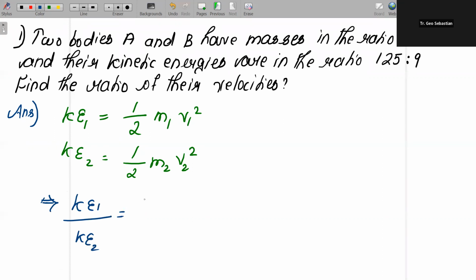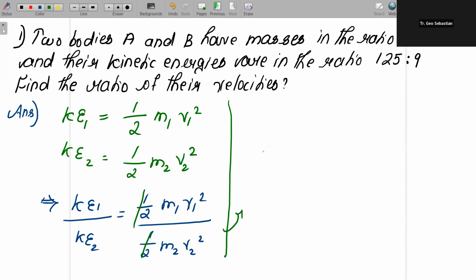Then 1/2 m1 v1 square divided by 1/2 m2 v2 square, right? Half cancelled, so we get m1 v1 square divided by m2 v2 square.